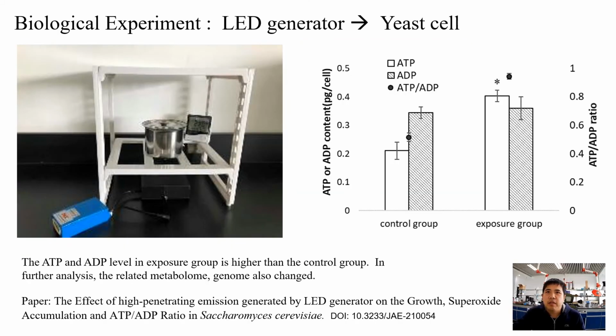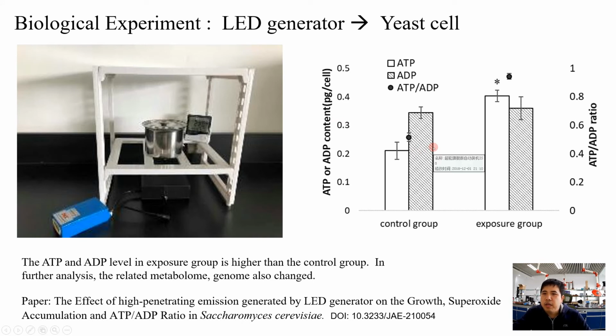The next session is a biological experiment, the influence of the LED generator on yeast cells. The setup is like this. The LED generator is placed in a black box and the yeast cells are placed in a stainless steel container, and we can see the result on the right.